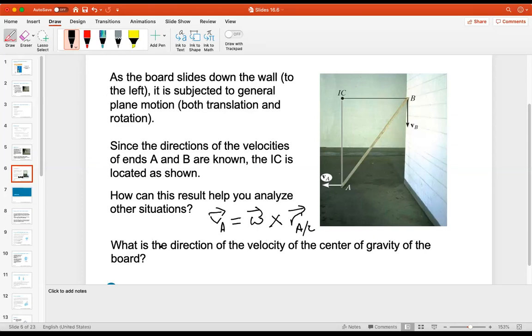What about the center of velocity versus the velocity of the center of gravity? Or maybe we just plot the position of the center of gravity. And what I want you to do is imagine the board started out vertical, and then it started to slide down.